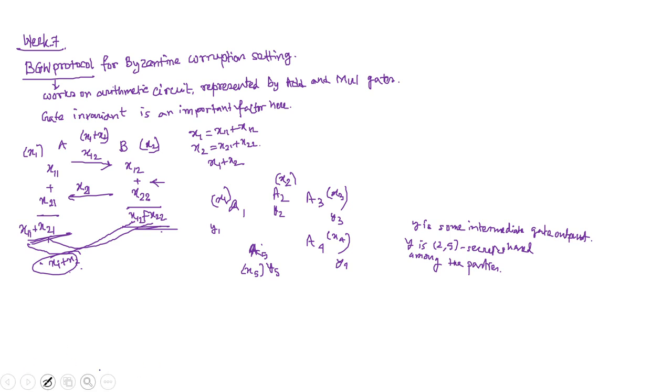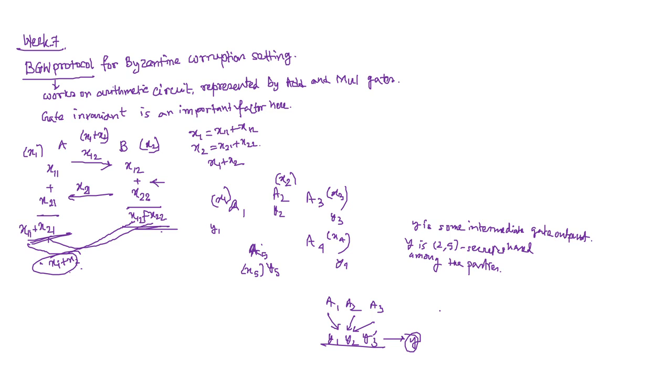Now let's say A3 is a corrupt party, and when A1, A2, A3 come together to reconstruct Y, A1 correctly supplies Y1, A2 correctly supplies Y2, but A3 can choose to supply some different value, so that the reconstruction of Y gets wrong. So Y will not be reconstructed.